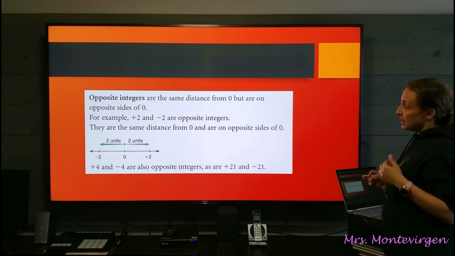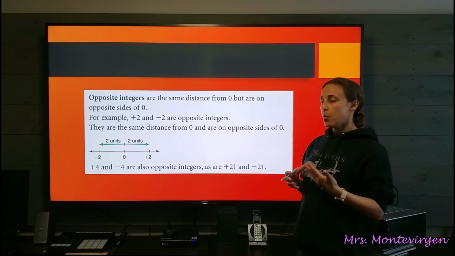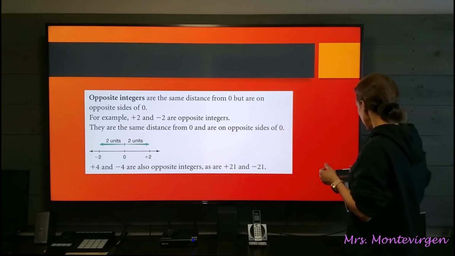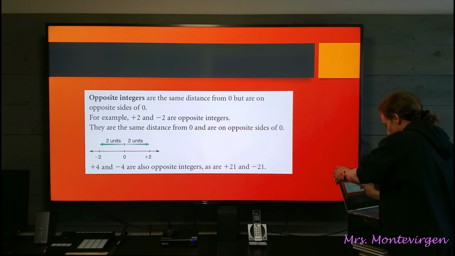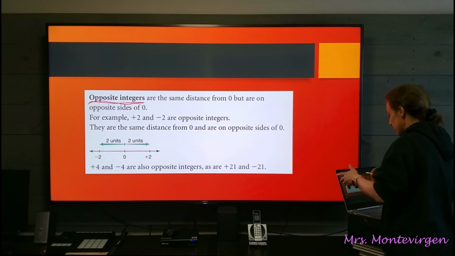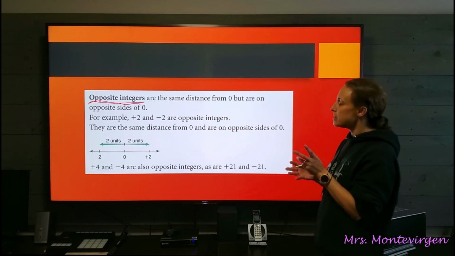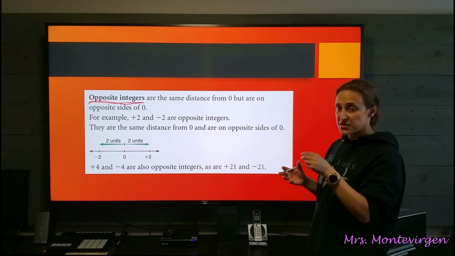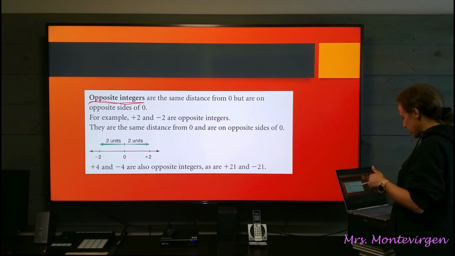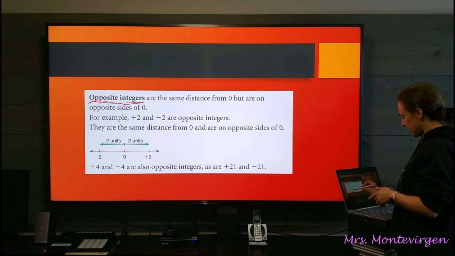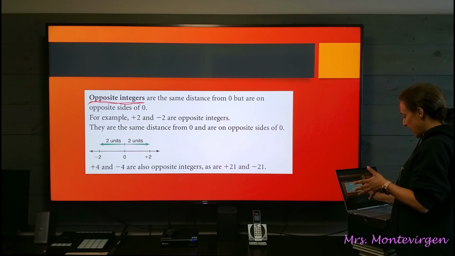Now, here's a term that I want you to remember, and I have it here in bold: opposite integers. Opposite integers are numbers that are the same distance from 0. If I jump down to my example, you'll see I have my positive 2 and negative 2.